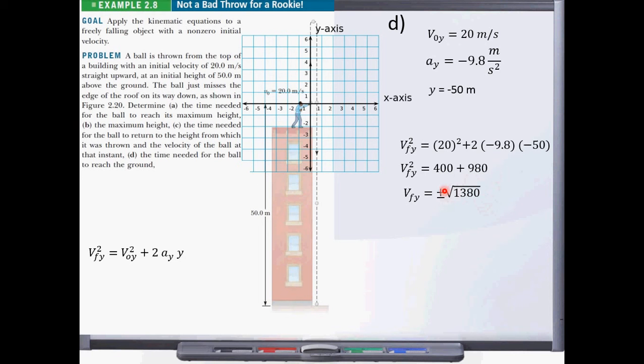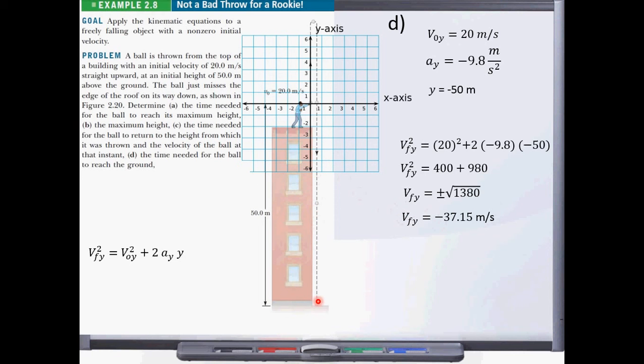But remember that when you work with a square root, the value that you get could be positive or negative, depending on your problem. In this case, we're going to choose the negative value. Why? Because the final velocity is a velocity that is moving down.